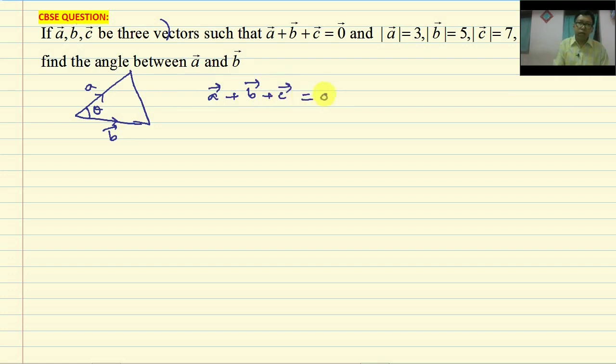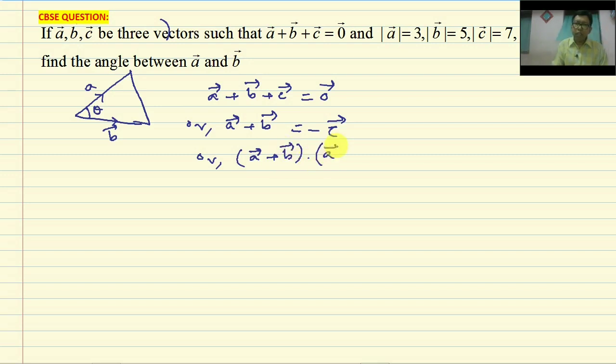So from this you can write A vector plus B vector is equal to minus C vector, or you can write (A vector plus B vector) dot (A vector plus B vector) is equal to (minus C vector) dot (minus C vector).